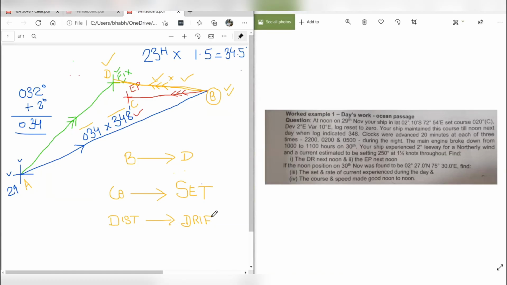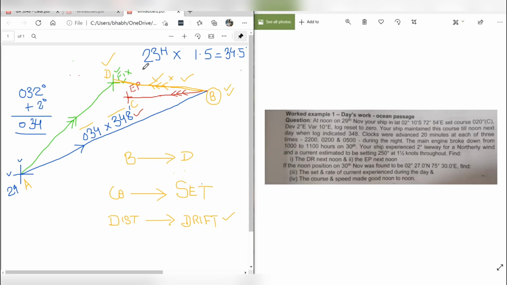So ये होगी current की drift. Now in the question they want us to find the rate of the current. So ये हमारे पास drift आ गई है. So beta, for finding the rate, we need to know this drift is applicable for how much time. So we have to divide by 23 hours.